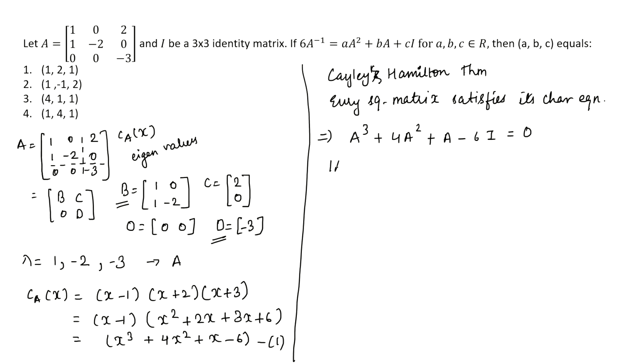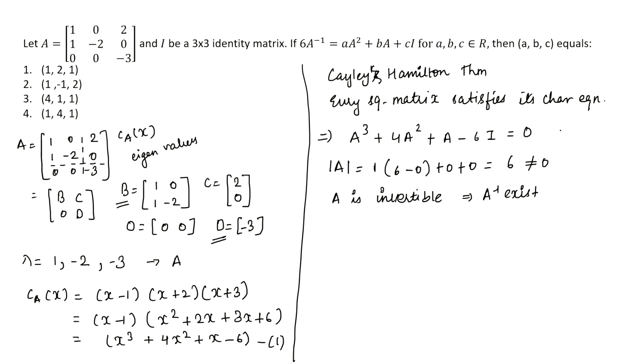Now, what is the determinant of A? The determinant of A is equal to 1 into 6 minus 0 plus 0 plus 0, that is 6, and it is not equal to 0. This implies that A is invertible, and therefore A inverse exists.